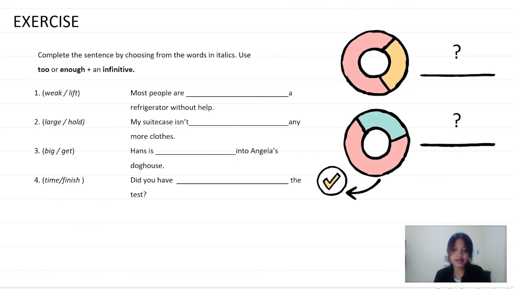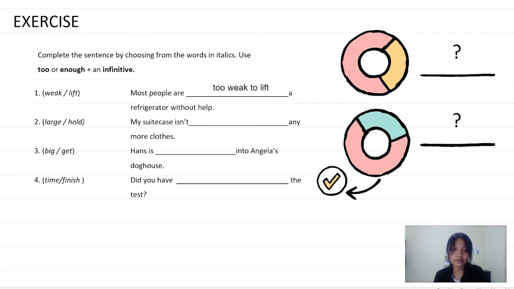For our exercise, complete the sentences by choosing from the words in italics. Use too or enough plus an infinitive. The first one, most people are blank a refrigerator without help. The correct answer is too weak to lift.